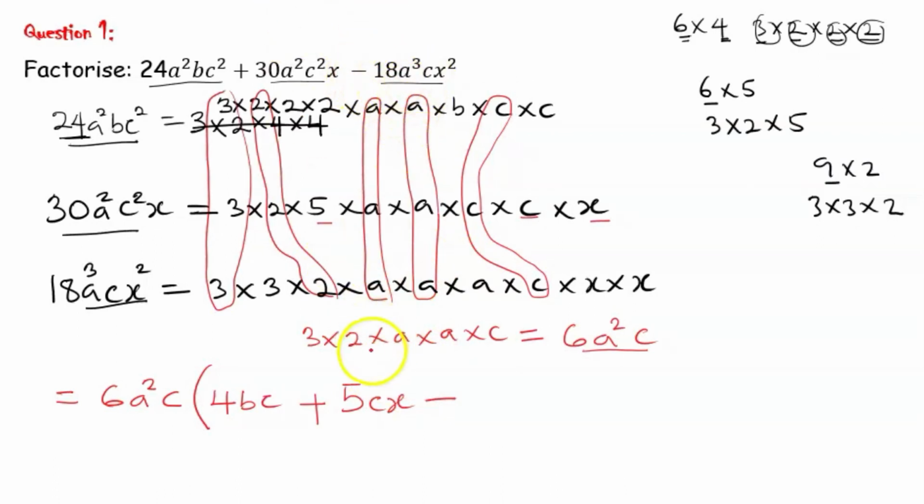Okay, then in 18, after showing all the factors, what is left? I can see 3, I can see c left, then x left. So that's going to give us 3. All right, there is one a that is left, then we have x squared that is left. All right, so this is going to be the final answer.